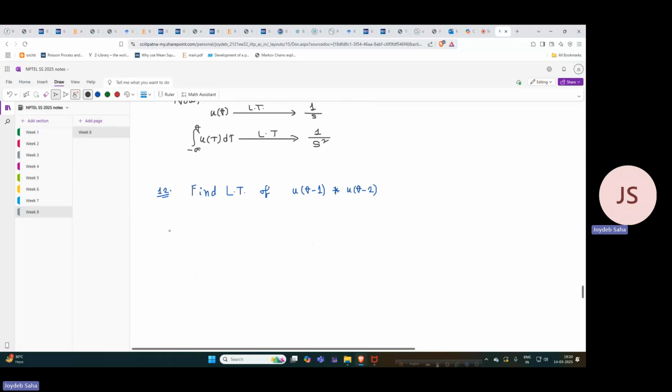So it is a very interesting property, that is convolution property.